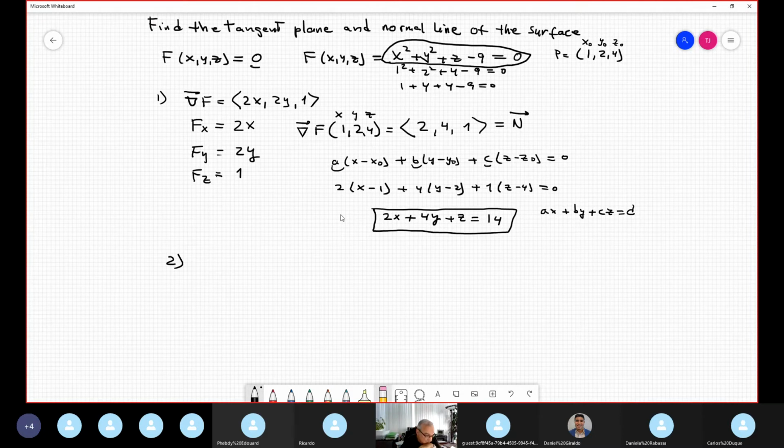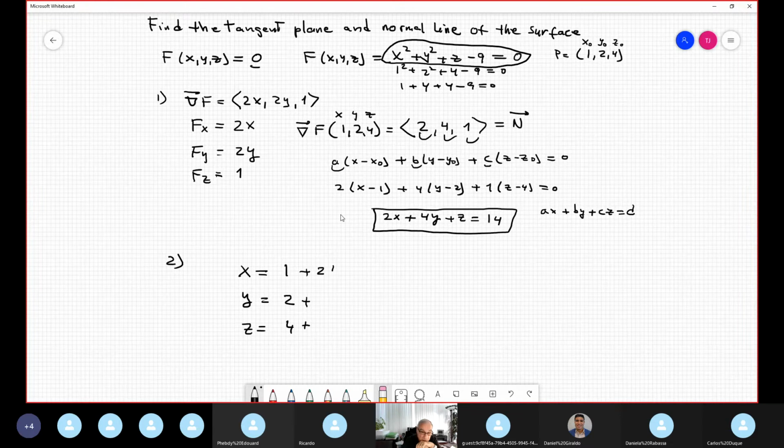The normal line parametric is x, y, z. And the point we are talking about is this point 1, 2, 4. And the direction vector is exactly coincident with the normal vector for the plane. It's 2, 4, and 1.